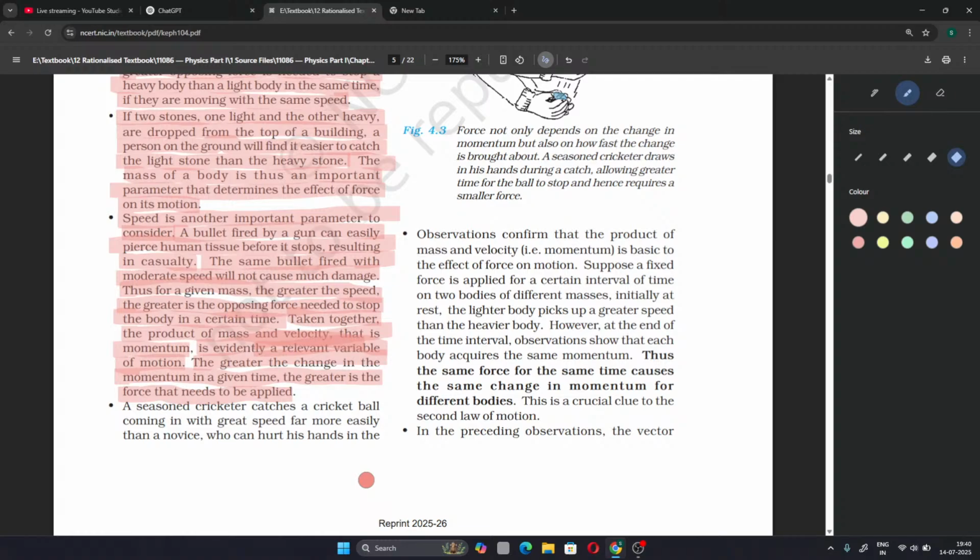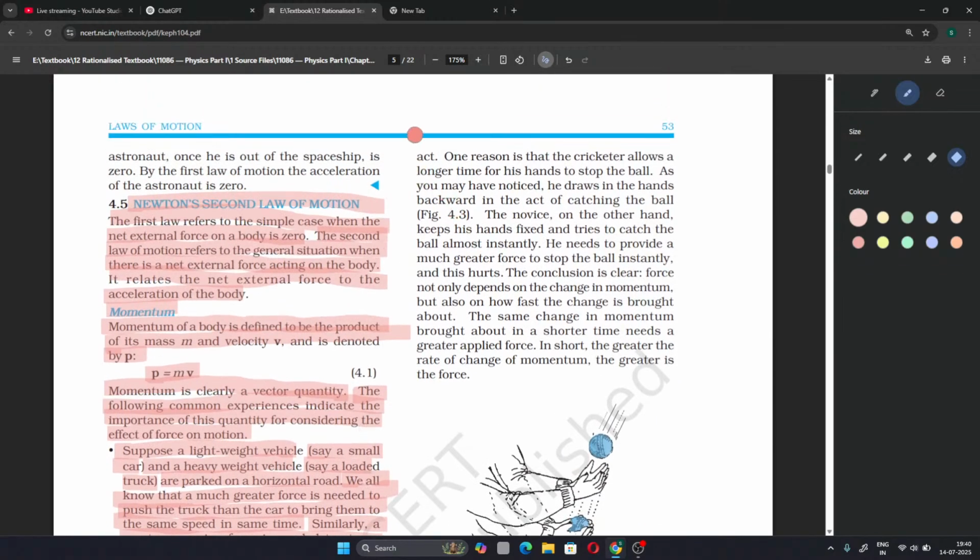Motion depends on momentum, and the greater the change in momentum in a given time, the greater is the force that needs to be applied, either for stopping or increasing. Next example: a seasoned cricketer catches a cricket ball coming in with great speed far more easily than a novice, who can hurt his hands in the act.